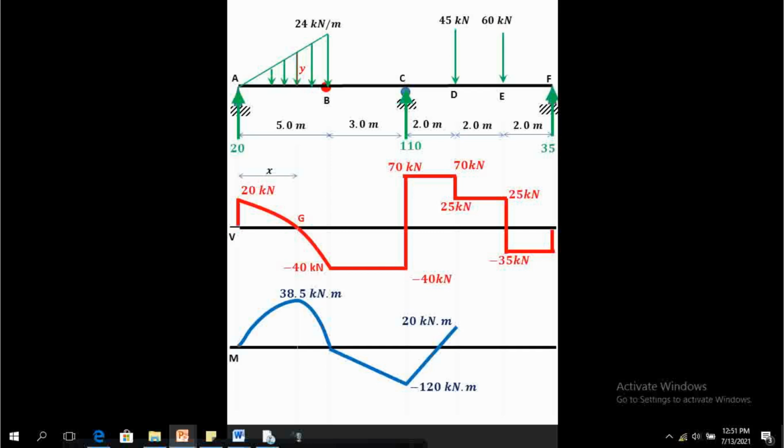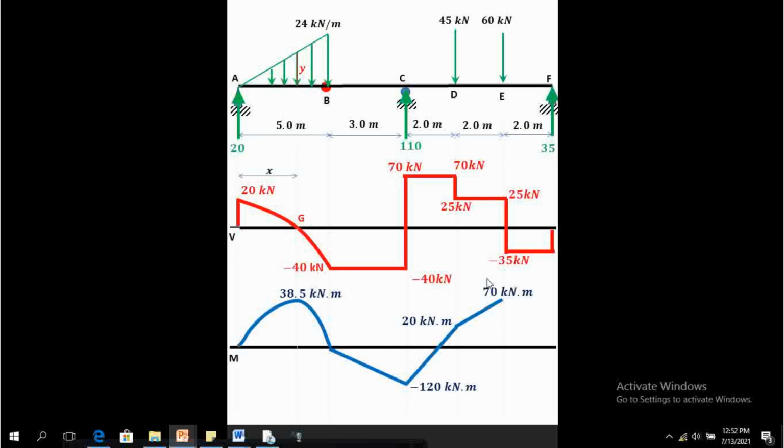Next, nag-end ako kay 20. Since itong area na to from D to E ay nasa taas, so that is positive. So 20 plus the area of this rectangle is 25 times 2. 20 plus 50 is 70. So again, this is a 0 degree curve. Pag kinonect ko si 20 tsaka si 70, magiging 1 degree curve.